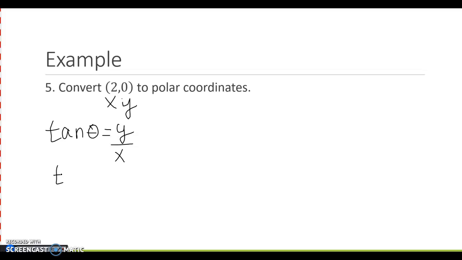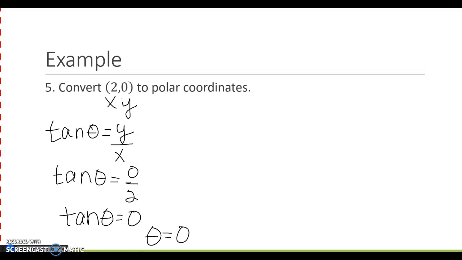So I have tangent of theta equal to 0 over 2, or tangent of theta equaling 0. So I'm thinking, where on my unit circle is tangent equal to 0? That is going to be at theta equaling 0 radians. Okay, x is positive, so I'm not going to add anything to it. In this case, theta would be 0.